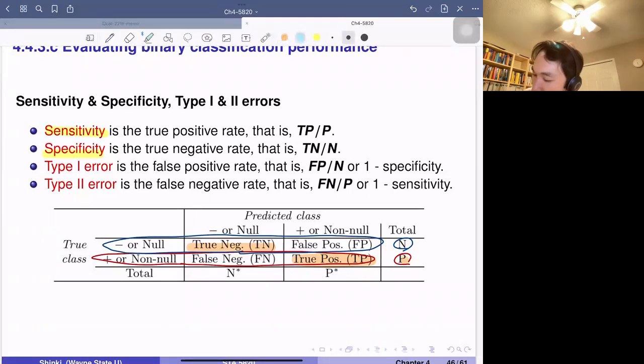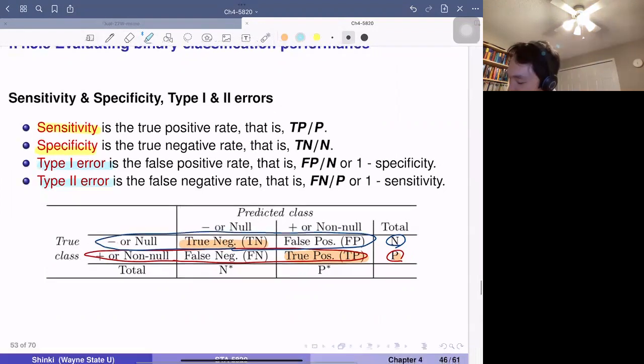Type 1 error is 1 minus specificity. So that is, the truth is negative, but we diagnose it as positive. And type 2 error is the false negative rate. So that is 1 minus sensitivity. So the probability that we miss the positive, we miss the malignant patient, basically.